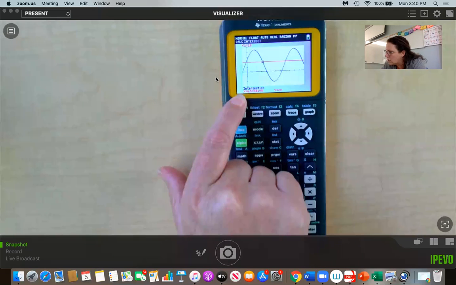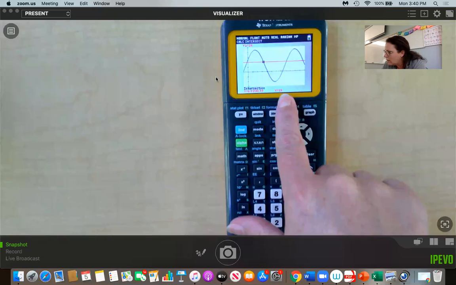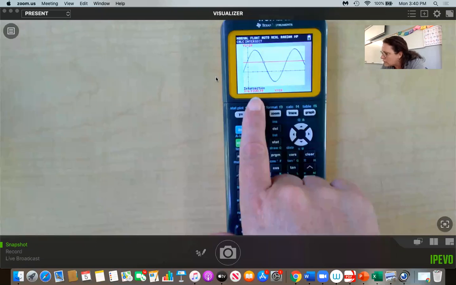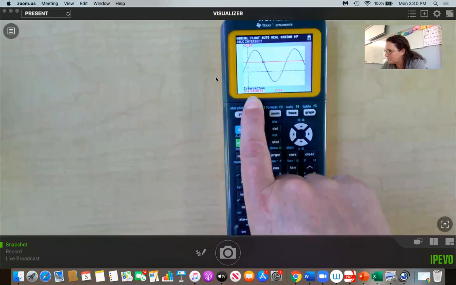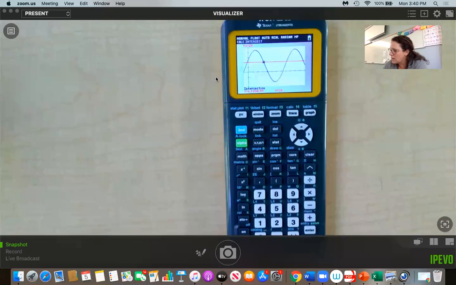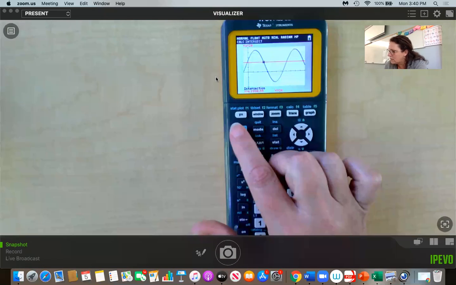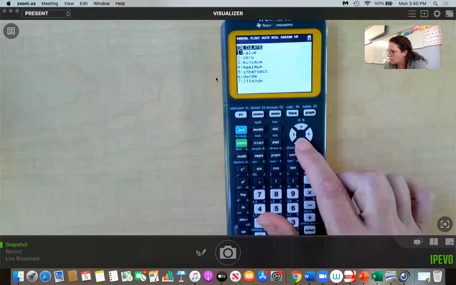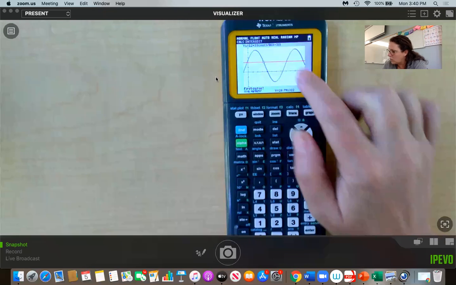And you can see your intersection here, the y coordinate, the output, is 20. That's what you were given. The input or the x coordinate is 6.536. Then you're going to find your next intersection point. You can do the same thing, do second trace, go down to intersect, and now you need to move your cursor because you need to tell the calculator, I want to find this point now.